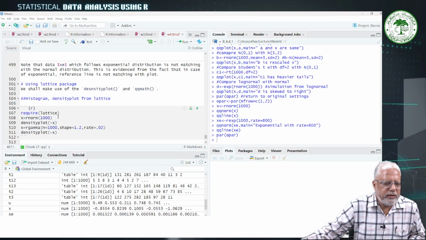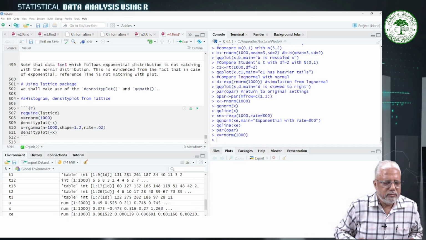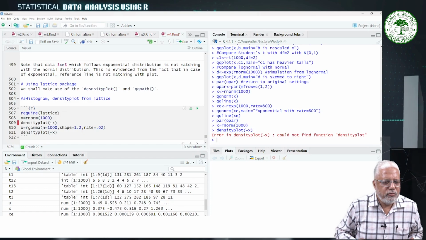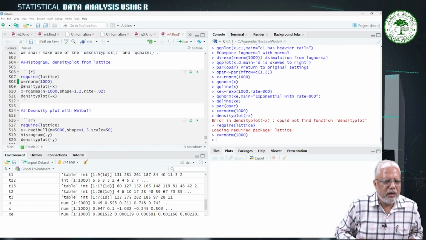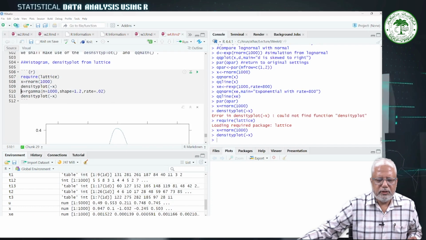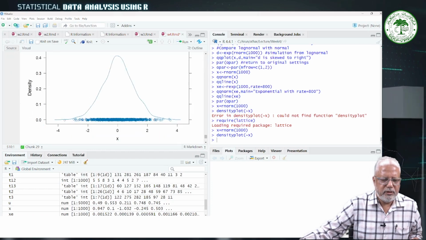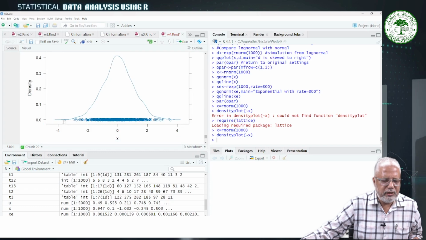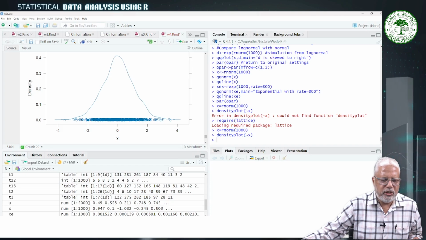So when we run this, we have to require lattice, then rnorm, and then densityplot. See, this is the density plot of the normal distribution, and these are the simulated observations shown in the density plot.